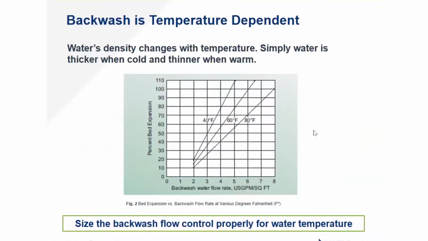A lot of times we shoot for the middle of the curve at 60 because that's kind of a balance with groundwater, since most of the groundwater coming out is in the mid to upper 50s. If you're doing well water, the 60 degree F line is probably a good, reasonable choice. But if you're doing processed waters, pay close attention to this.